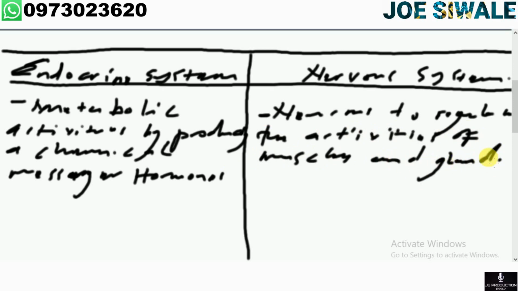The endocrine system controls metabolic activities by producing hormones, then the nervous system regulates the activities of the muscles and glands by the neurons.